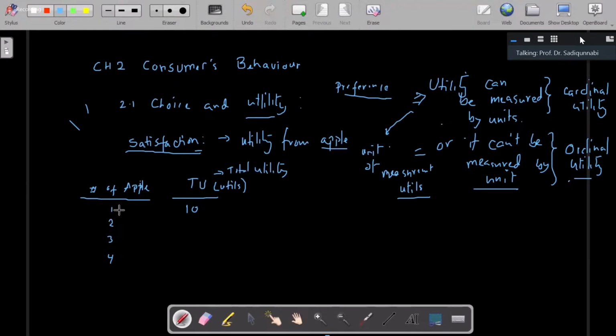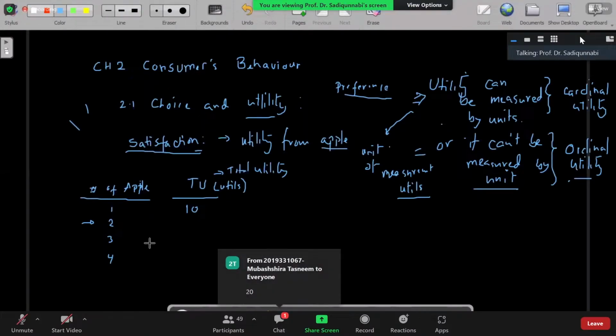What do you think? What should be the utils for the second apple or 2 apples? Any idea what utility you are getting from 2 apples? 1 apple, 10 units, 2 apples? 20. And if you add 1 more, 30. And if you add 1 more, 40.